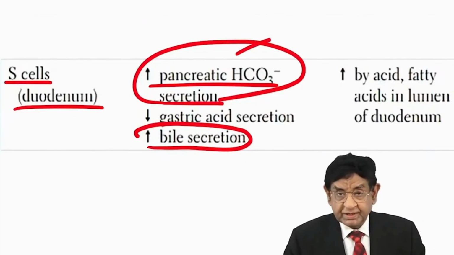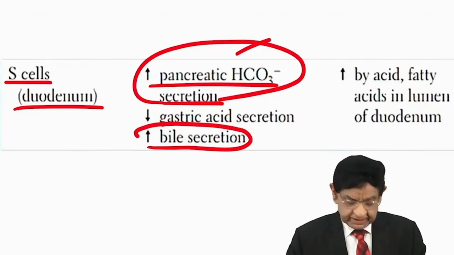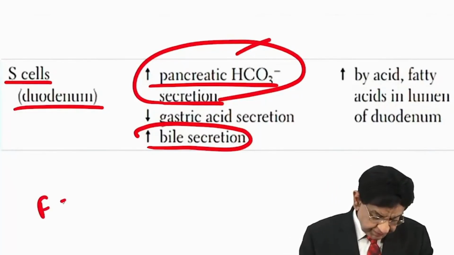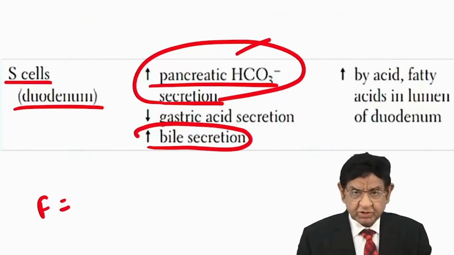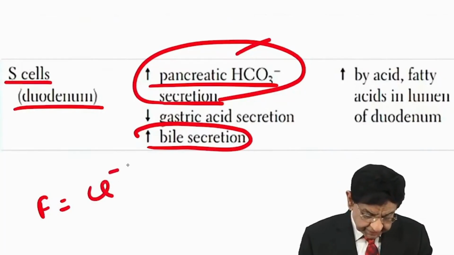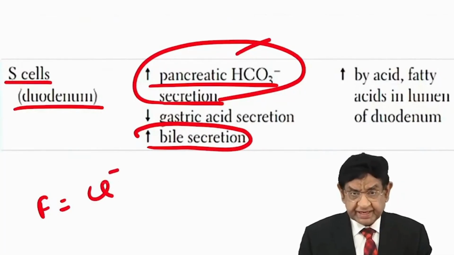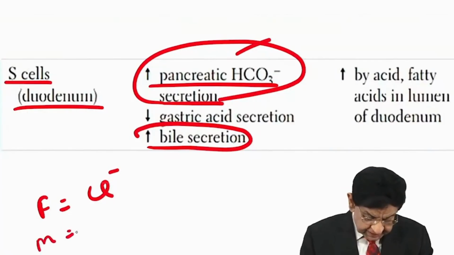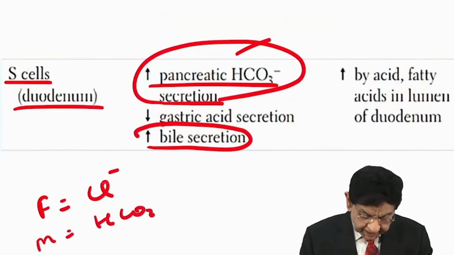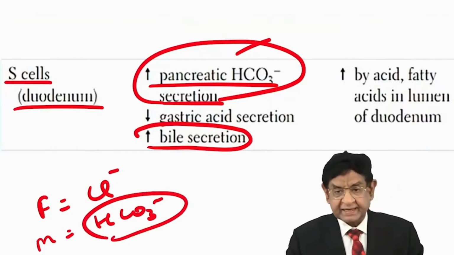And if you recall, when I took the lecture on pancreas, the initial physiology was that in the fasting stage, pancreatic secretion contains mainly chloride. But after meals, it contains more bicarbonate, it becomes alkaline.